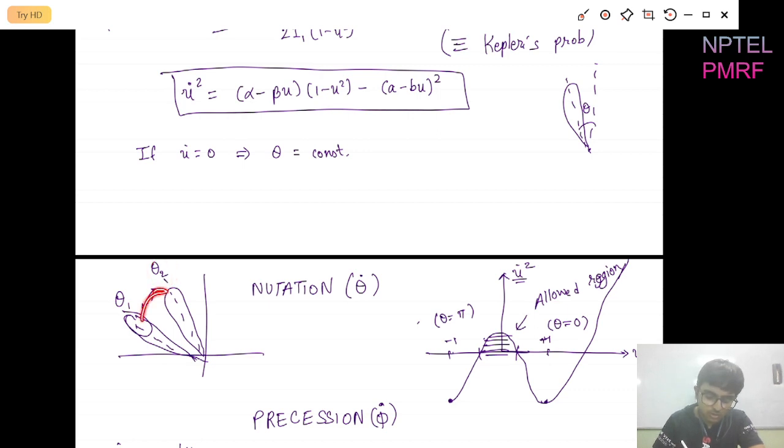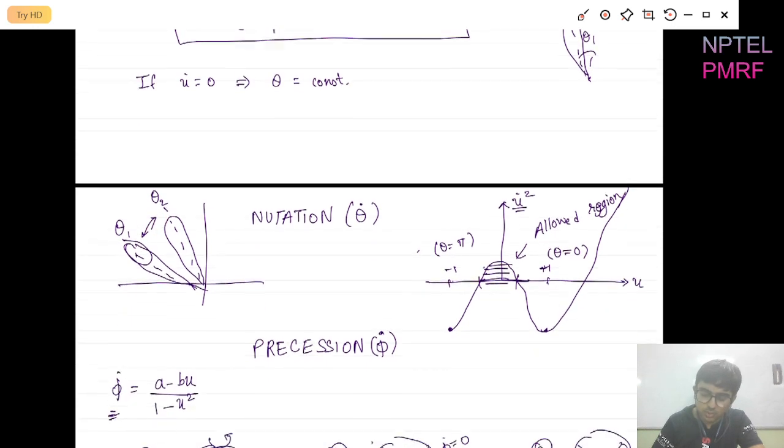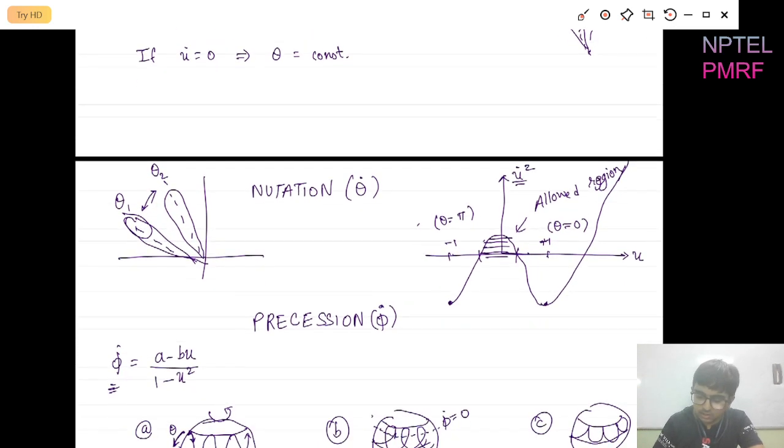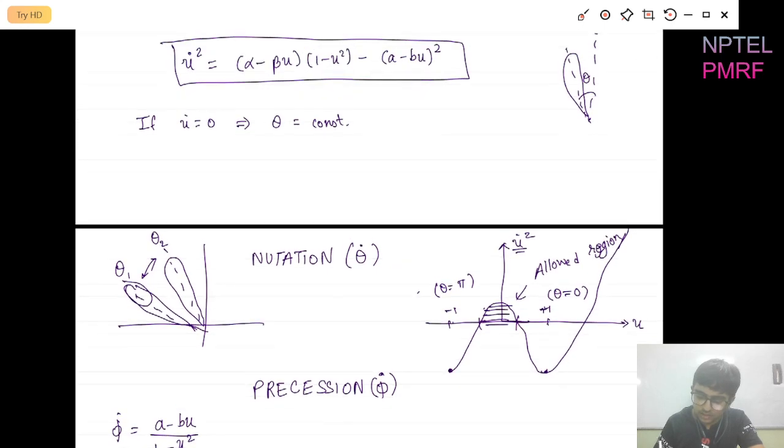And this motion of theta is called nutation, right? We can prove that there must be some theta 1 and theta 2 because at theta equal to 0 and pi, the value of u dot square is negative. So the allowed region is only when u dot square is positive, which is this region.